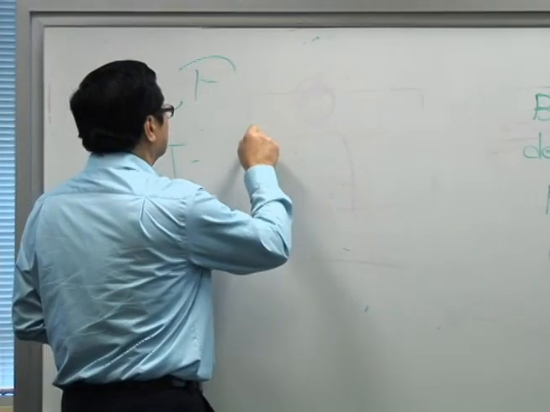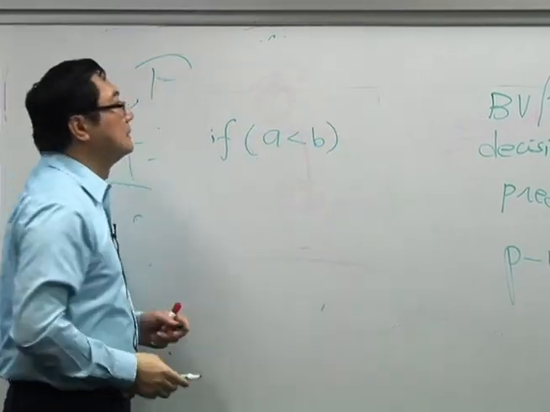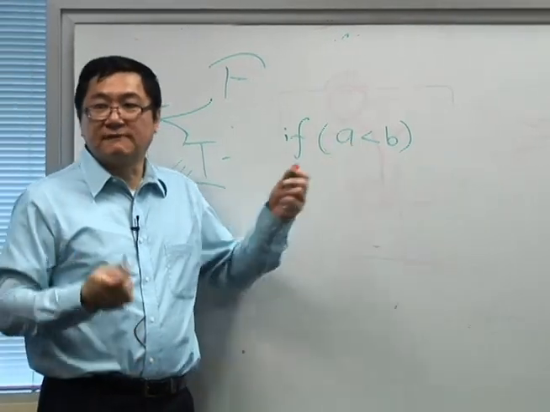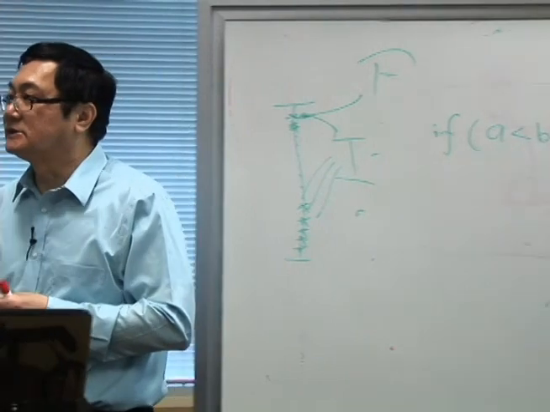Boundary value analysis tells you that you need to use the value at the boundary, or near the boundary. It's a good idea to make sure the program behaves correctly when you have A equals B. That's boundary value. Agree?